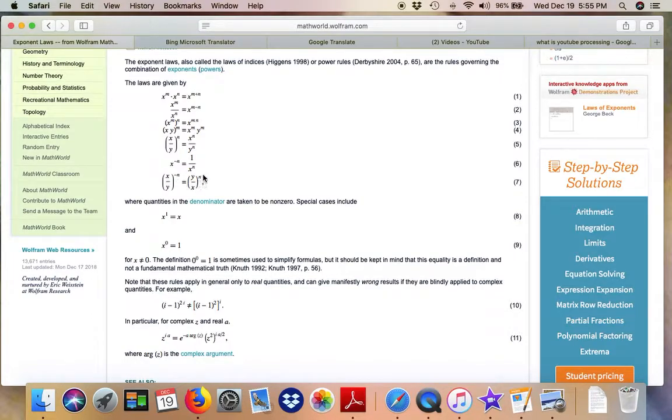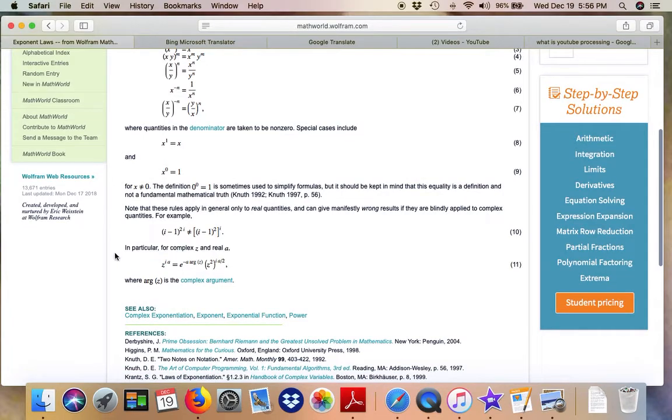You see that? Flip-o, change-o, negative goes away. Again, x over y to the negative n, with the x and y in parentheses, equals y over x as a fraction to the n. So the negative sign went away, and we flip-flopped the x and the y.